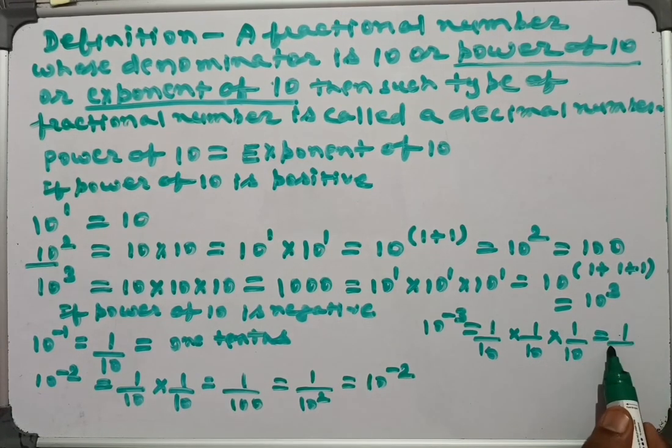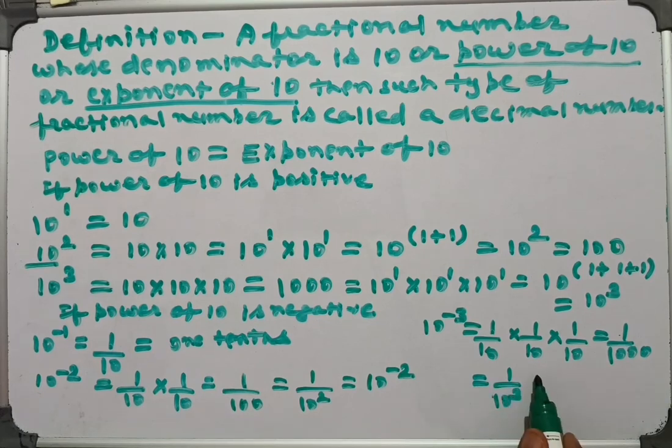So this is equivalent to 1 by 1000, or you can write it as 1 by 10 to the power of 3, or this 10 to the power of 3 goes up in the numerator, then this is equivalent to 10 to the power of minus 3, guys.